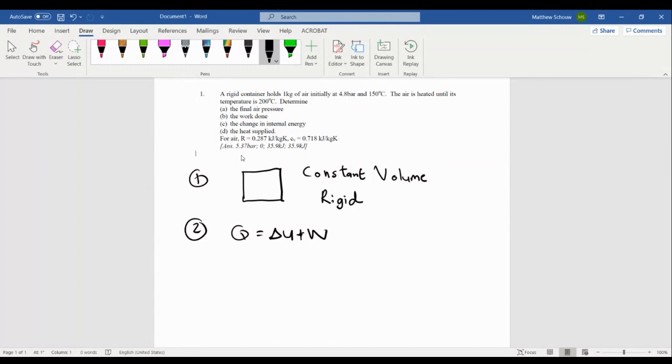This equation applies to all processes. So in the case of a constant volume process, what is important to note is that there is no work being done. Do we all understand that? So we have air and there's basically heat being supplied. So we're not using the gas for any work. So we know that the work is equal to 0. So therefore, Q will be equal to the change in internal energy. Cool. Is everyone happy with that?